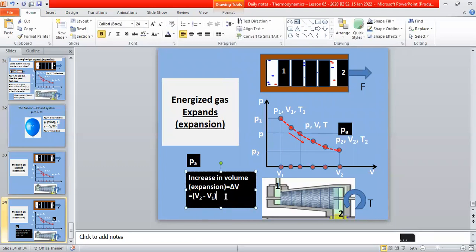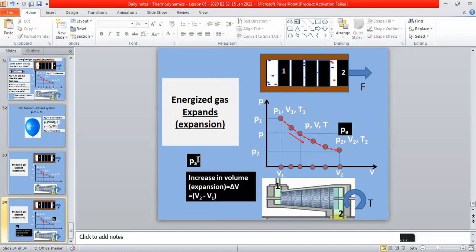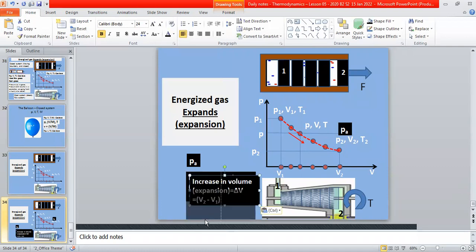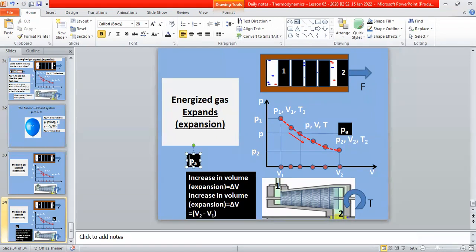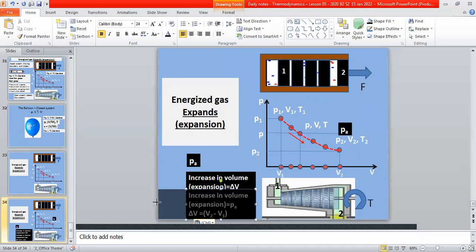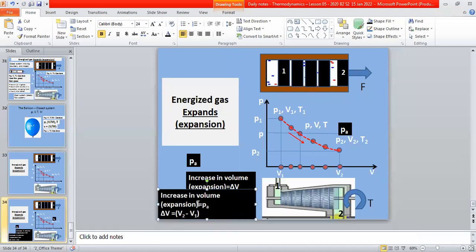And then if you think of this PA times delta V, PA times delta V, that is the same as PA times V2 minus V1.